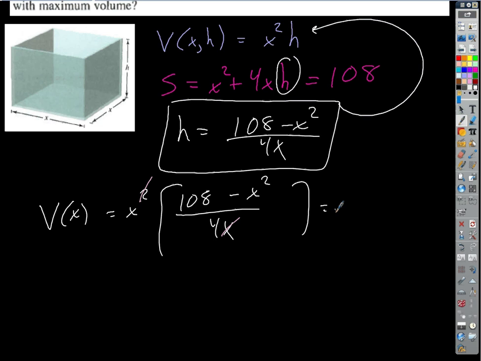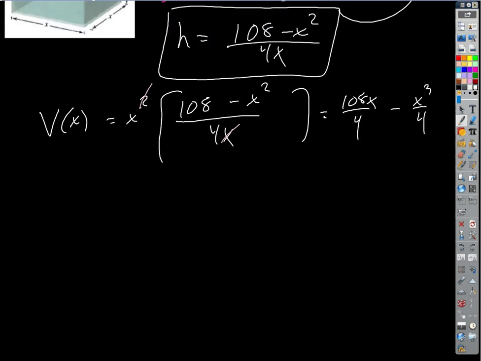And so I'm gonna get 108x over 4 minus x cubed over 4. So I could pull the 1/4 out front if I wanted.